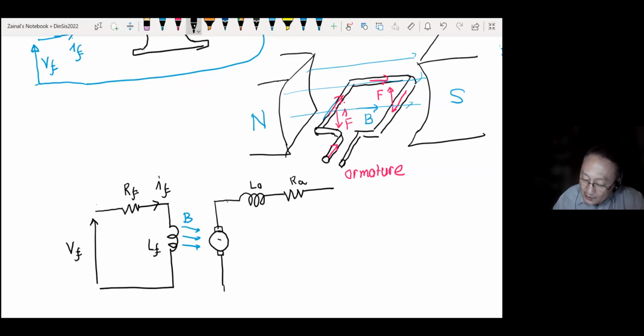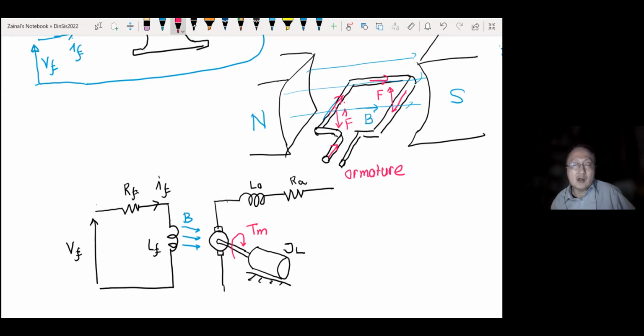And this one is the rotor. If the rotor rotates, then this one is the inertia of the load, and this one is the torque of the motor.